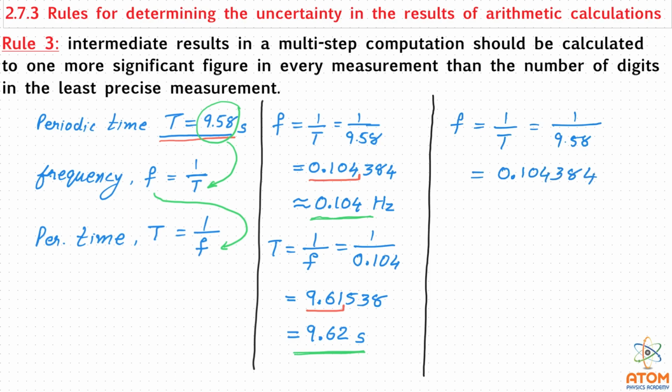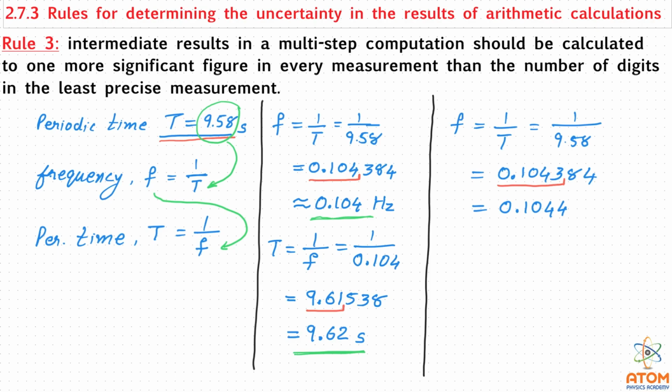Now as per the rule we should consider 3 significant figures, but I'll add one more and consider 4 significant figures. So I'll round it off to 4 significant figures and that will be 0.1044. When I remove this 8, I have to add 1 to 3, so it will be 0.1044.